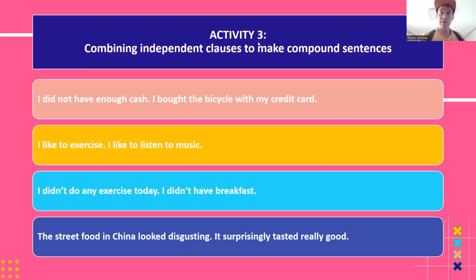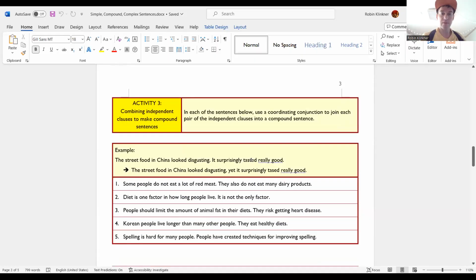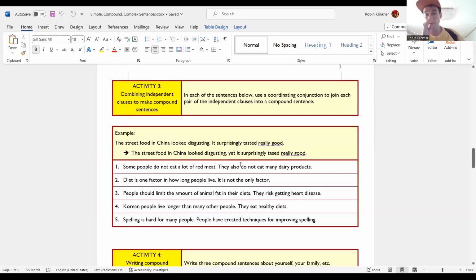So for activity 3, which is down here, there are 5 pairs of independent clauses. You want to combine them using fanboys. You want to make compound sentences. So let's take a look here.